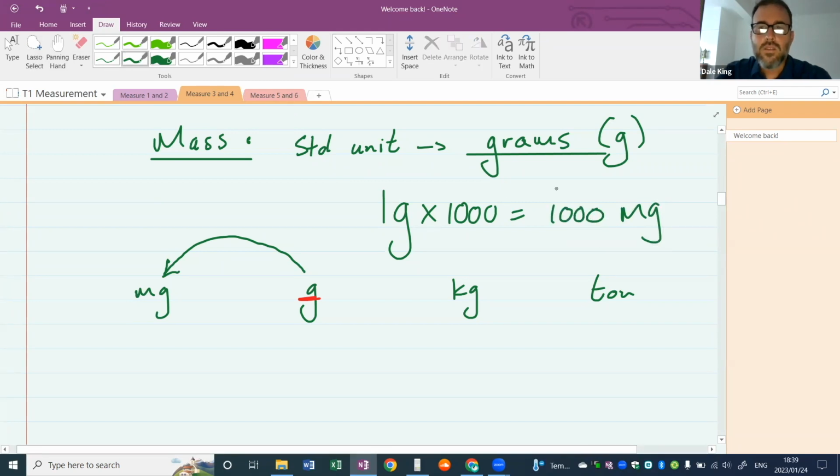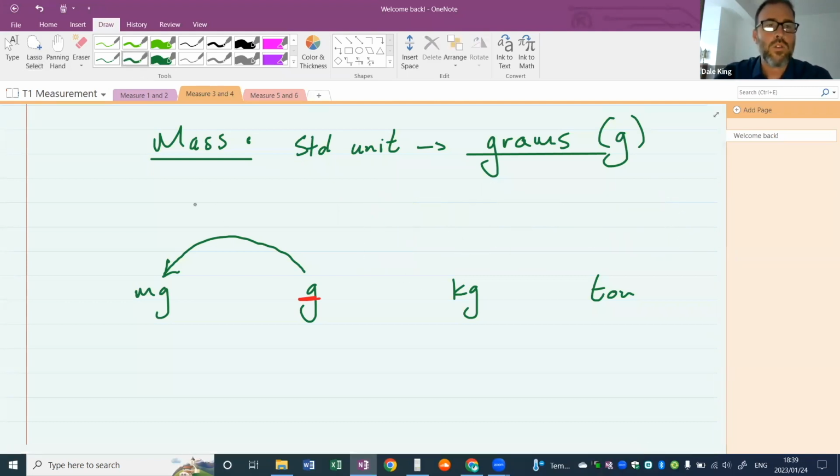So when you go from a big one down to a small one, you're going to multiply. I've drawn the arrow jumping down from a big one to a small one, and on top here, we have to times by 1,000 if we go from grams down to milligrams.